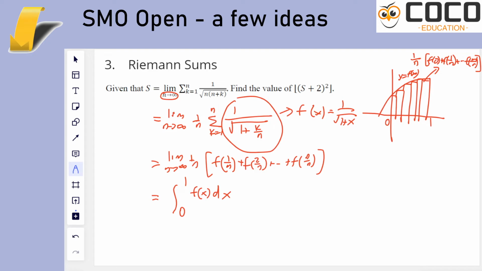If you know how to do the integral, I'm going to leave this to you. If you don't know how to do integration, unfortunately, this is not going to mean very much. So your best bet is going to be just trying some small cases if you do not have a knowledge of integration. Remember that if you can get a rough estimate, it's usually good enough.